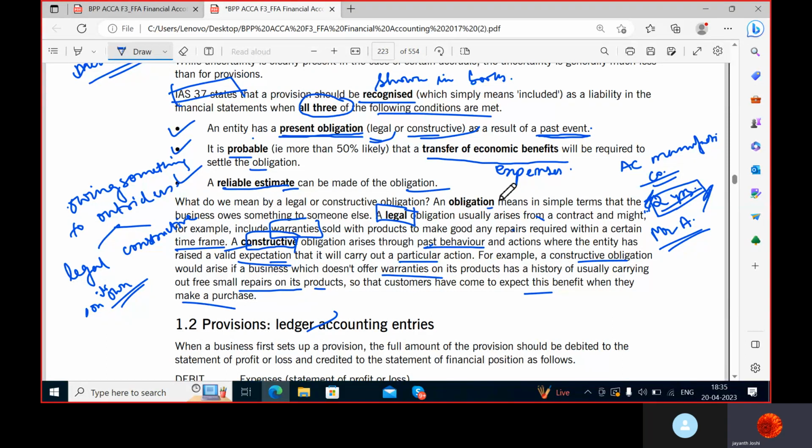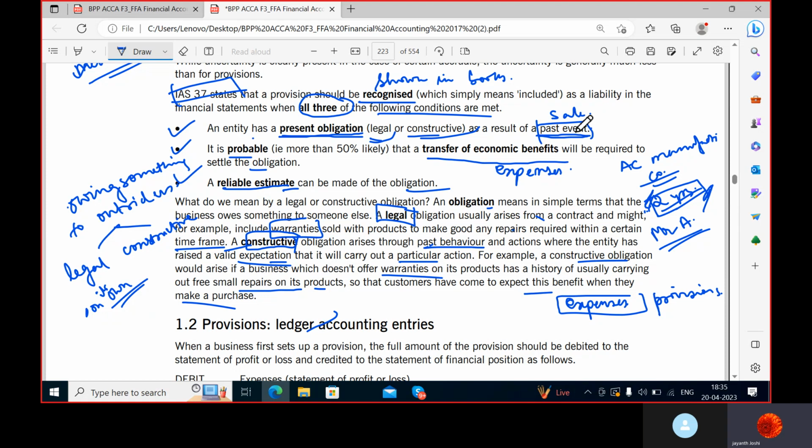So for both, be it legal obligation or constructive obligation, the company is going to incur expenses. Why? Because the company is doing these repairs free of cost. So for that, the company has to create a provision. This is how we satisfy the first point, that the entity has a present obligation, be it legal or constructive, as a result of a past event. In the past, the company has made a sale.